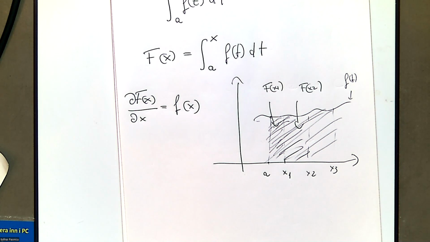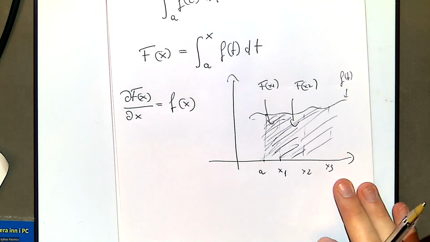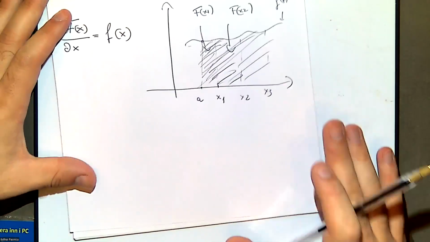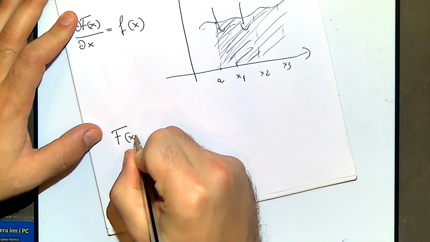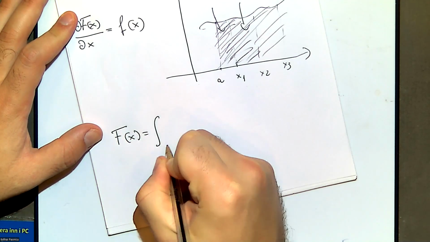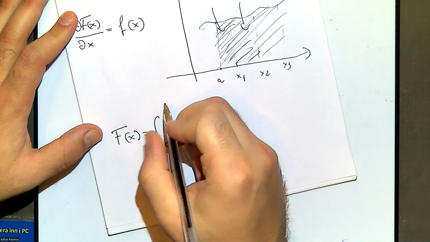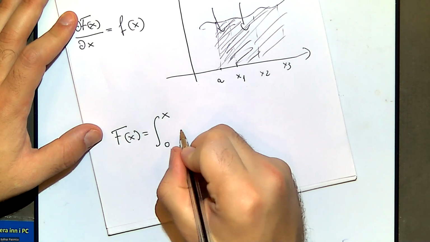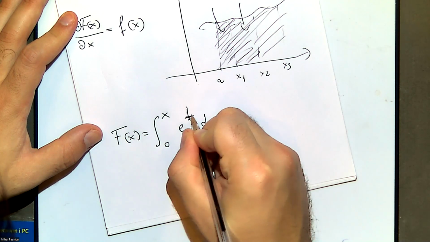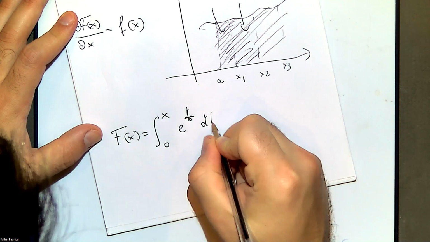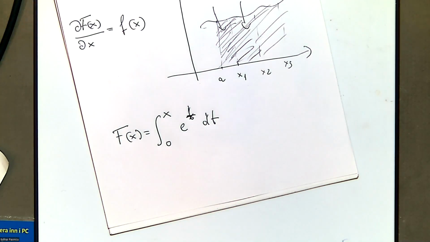It doesn't say much, but basically, I could say that this f of x is equal to the integral from 0 to x of e of t dt.